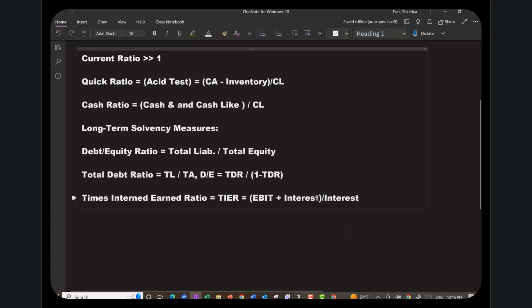I think it's just EBIT. Yeah, it's just EBIT. How much money did you make before you paid interest payments and the taxes? Because that's the money you use to pay the interest on loans. You want this number definitely to be greater than 1. Okay? If TIE is 1, that means you're only making enough money to cover the interest. There isn't anything left. As a creditor, I don't want that number that close to the sun. We want that to be much greater than 1, probably greater than 2 is a good idea.